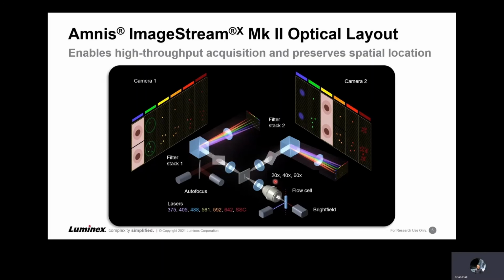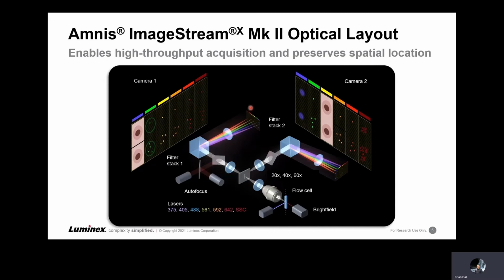Images can be captured at 20, 40, or 60x imaging objective, and that image is projected through a series of Petzval lens sets to what we call the spectral decomposition element. And this filter stack essentially displays the images in spatially discrete regions on a CCD detector.